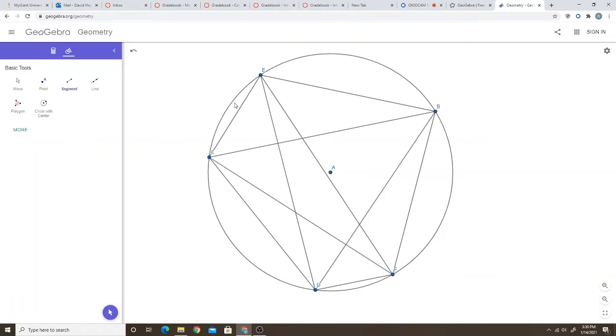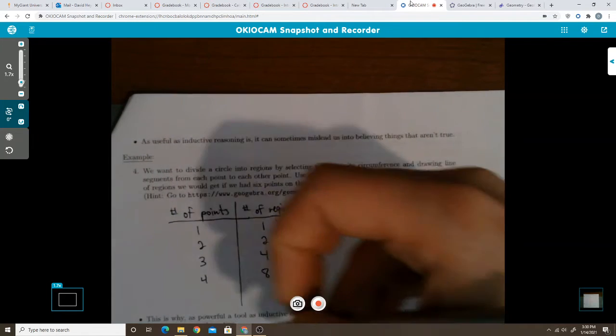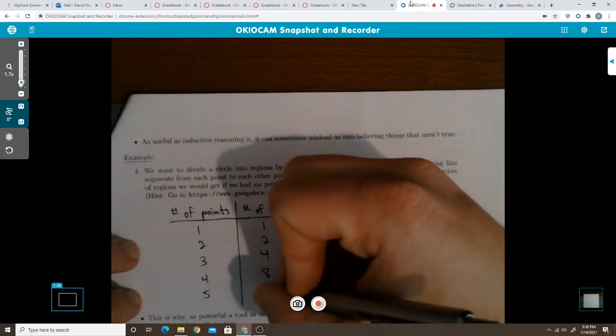And then we have to try to count up the regions. Let me start again. 1, 2, 3, 4, 5, 6, 7, 8, 9, 10, 11, 12, 13, 14, 15, 16. 16 regions. Whew. So 5 points, 16 regions.